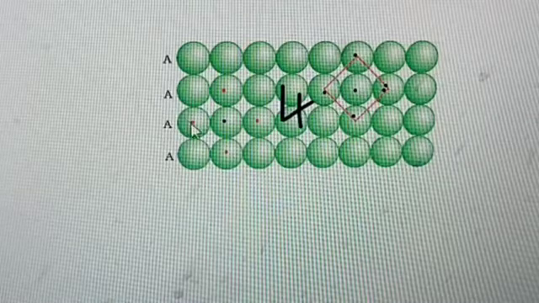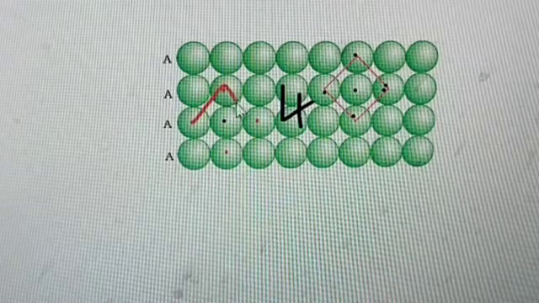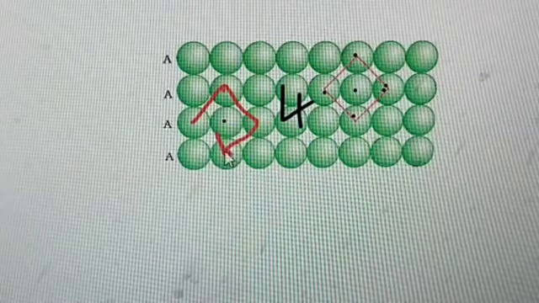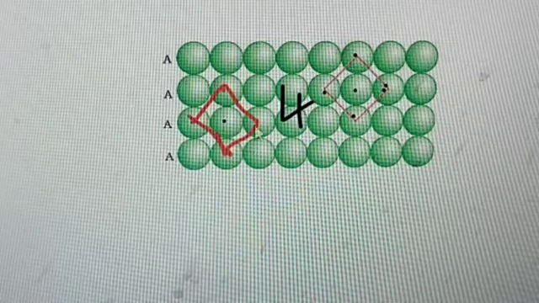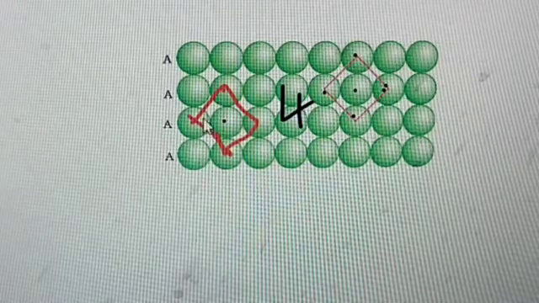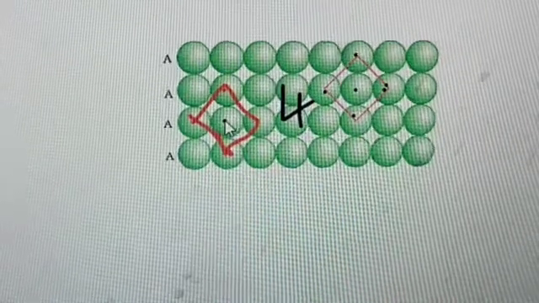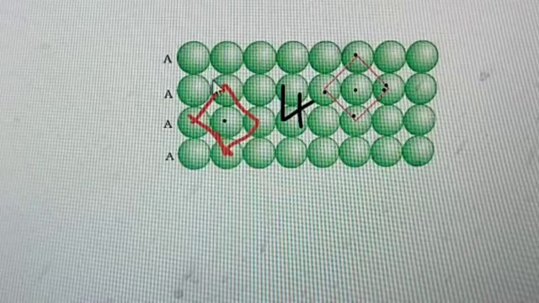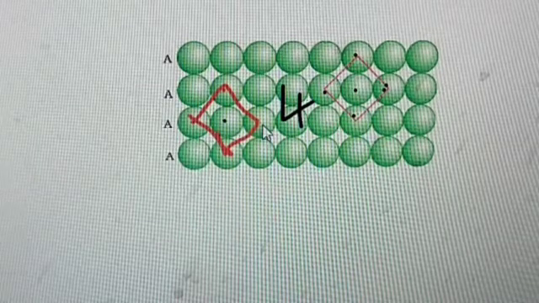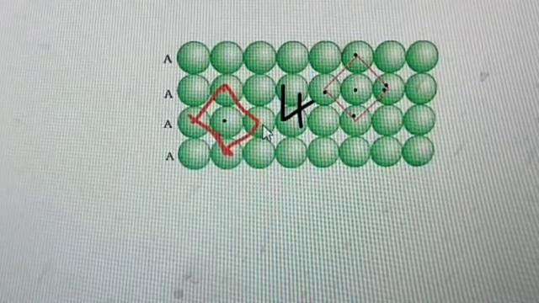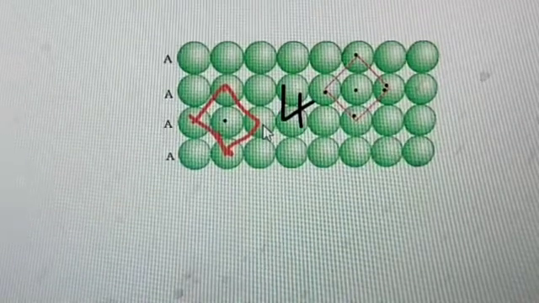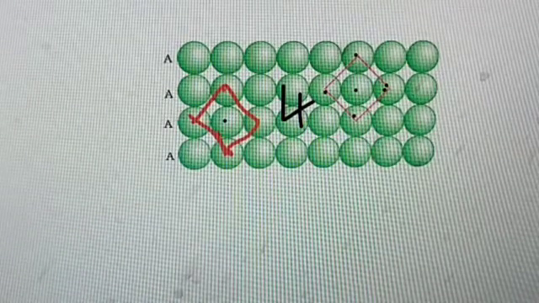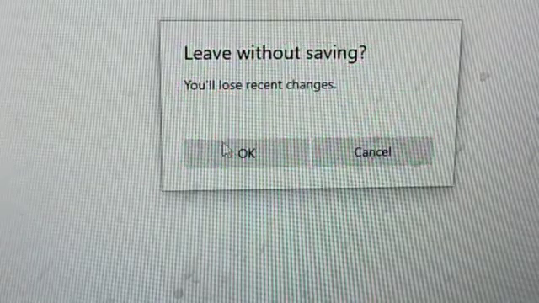Now when we join the centers of the adjacent neighbors, what do we get? We get a square. Now you got a square here, no? So like that, we get a square when we join the centers of the neighboring atoms. So we can call this square close packing in 2 dimensions.